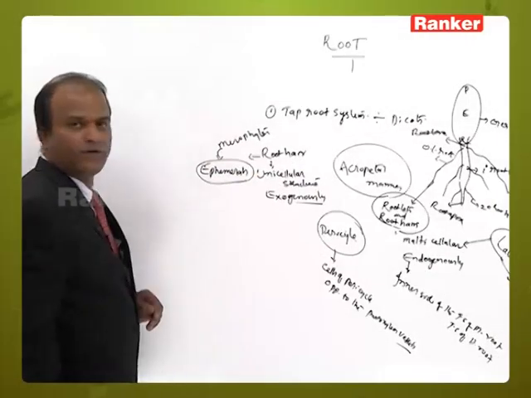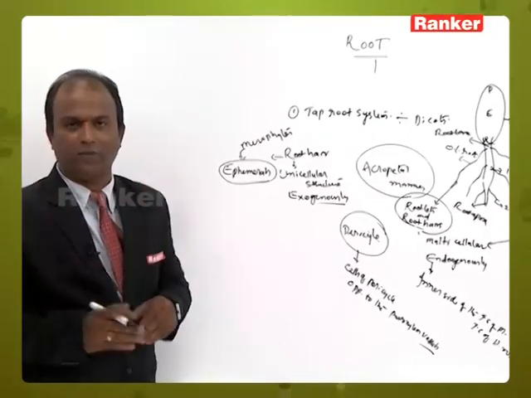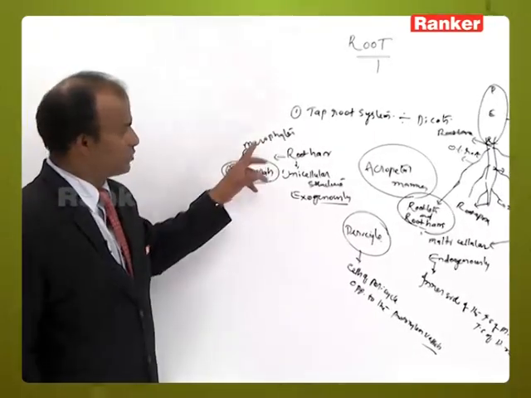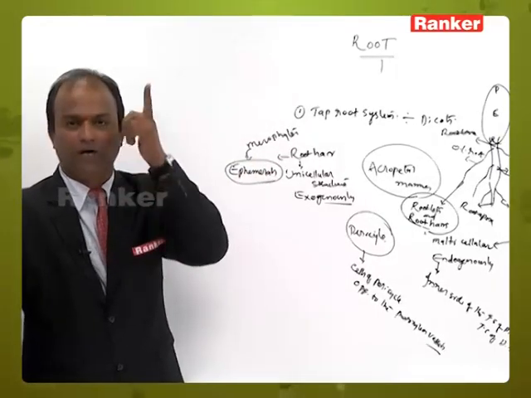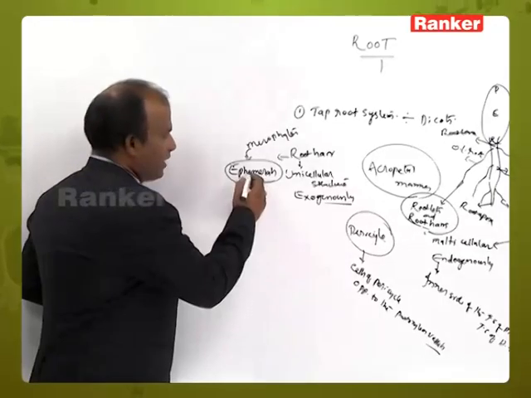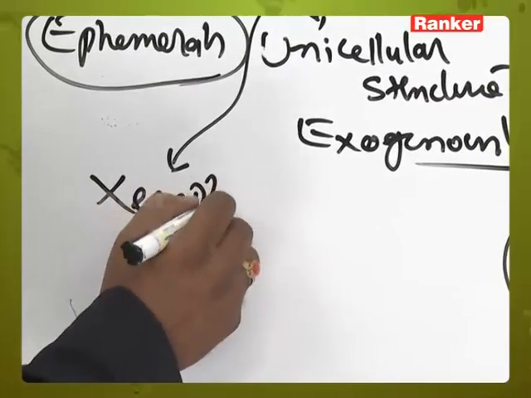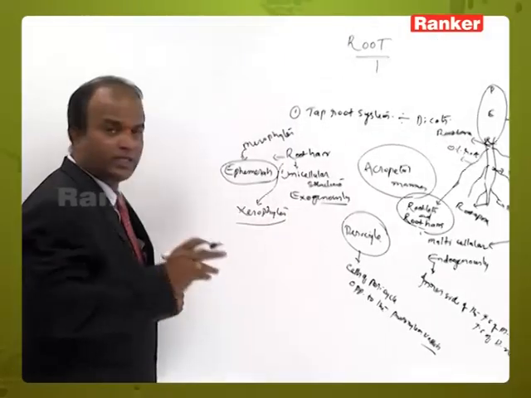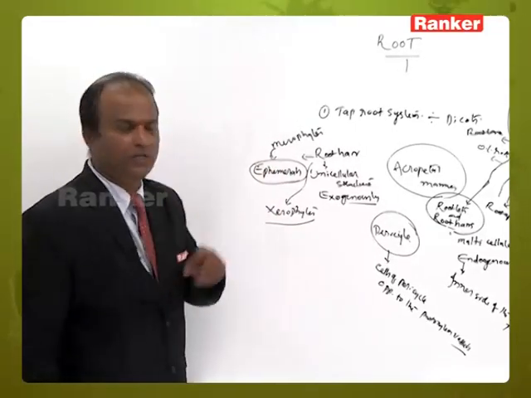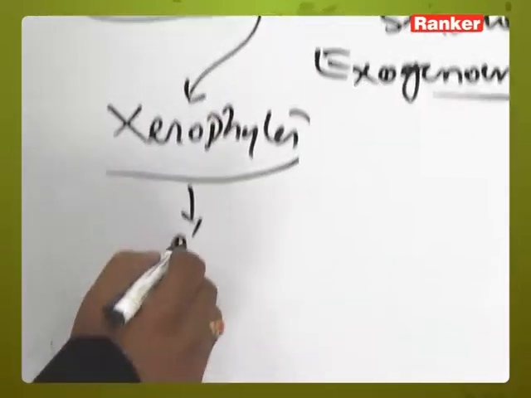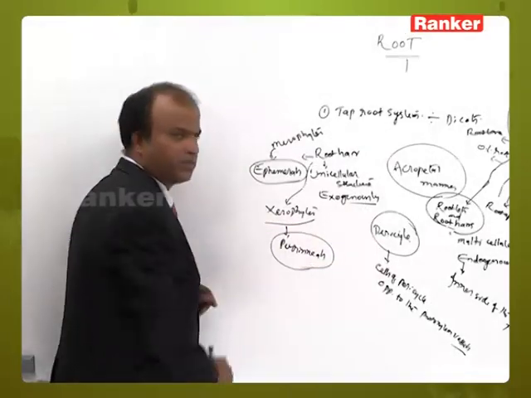What is meant by ephemeral? It shows a shorter lifespan. After that life period, these root hairs undergo degeneration and new root hairs develop. But in xerophytes, are they called ephemerals or perennials? In xerophytes they are called perennials.